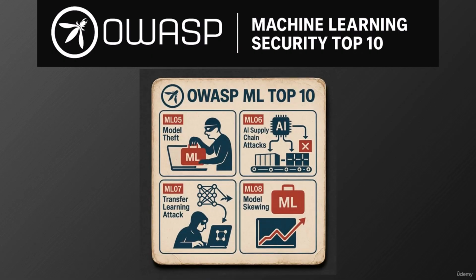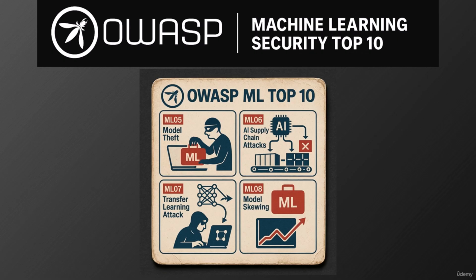Then there's model theft, ML05, which involves replicating a model through repeated queries, posing a serious threat to intellectual property. AI supply chain attacks, ML06, target vulnerabilities across the entire ML pipeline. Transfer learning attacks, ML07, manipulate base models before fine-tuning, embedding bias, or even hidden behaviors.